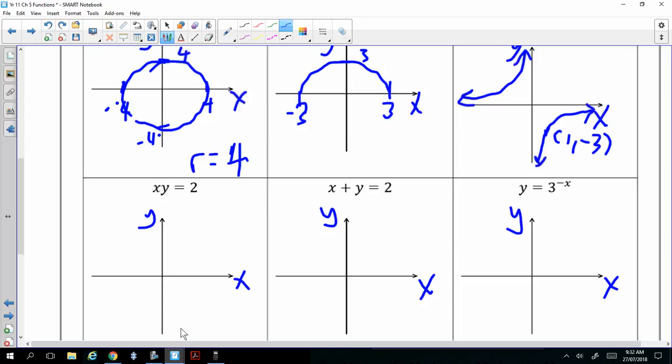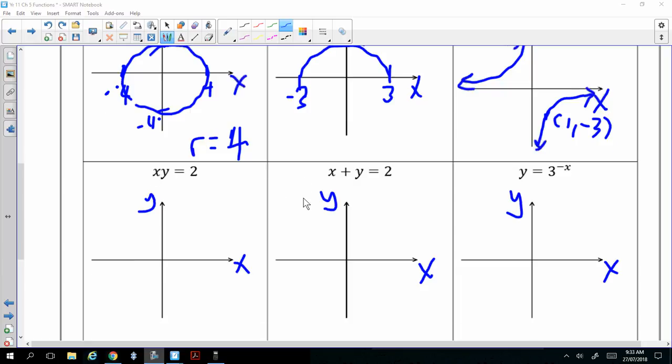It's a hyperbola. If you make y the subject, it goes this way, it's positive. Okay. Again, indicate a point on the graph, 1, 2. Well, it's all on one page. That will help you to remember better.